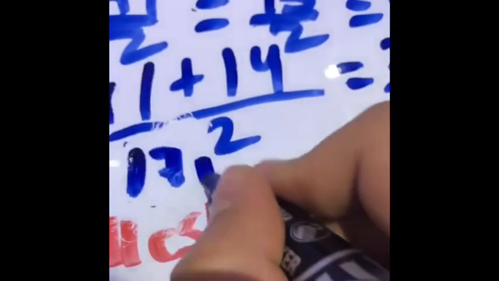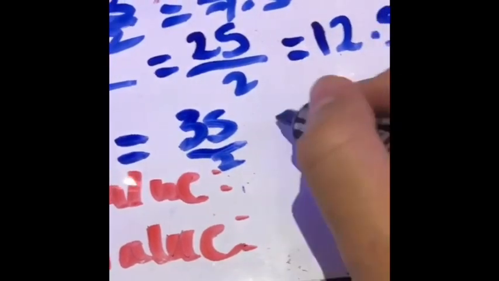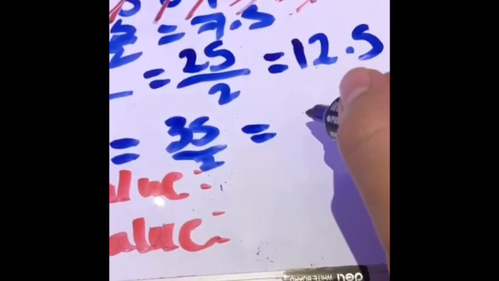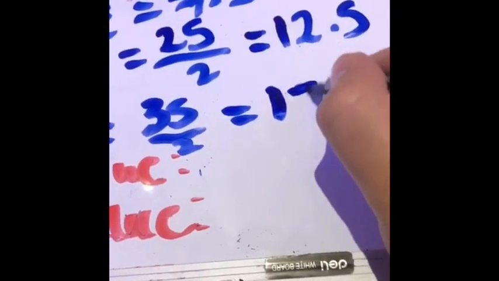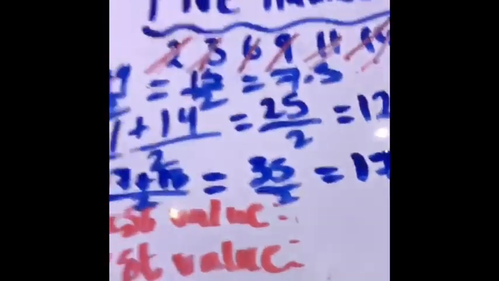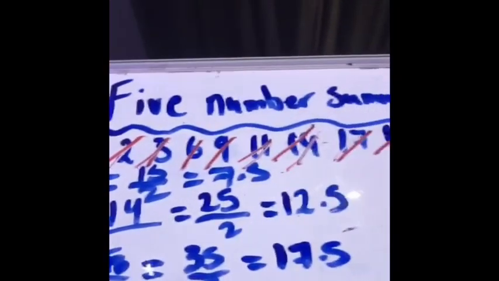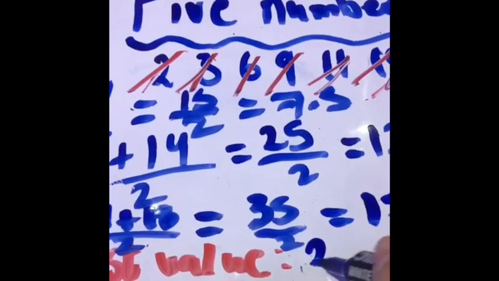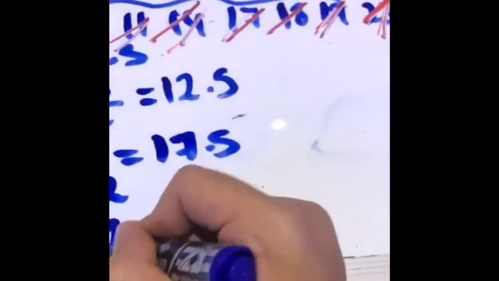So Q3 is 17 plus 18 over 2, which equals 35 over 2, which equals 17.5. So now we find the smallest value, which is, as we can see, 2. And we find the largest value, which we can see as 23.